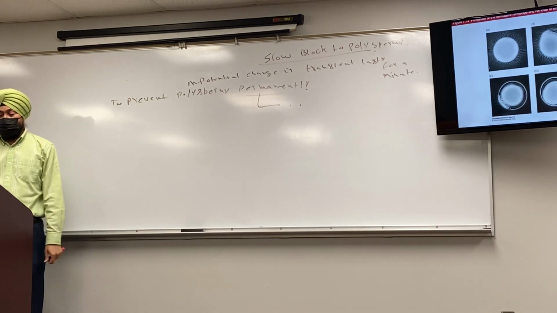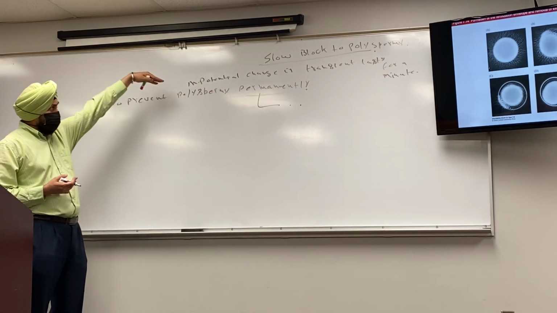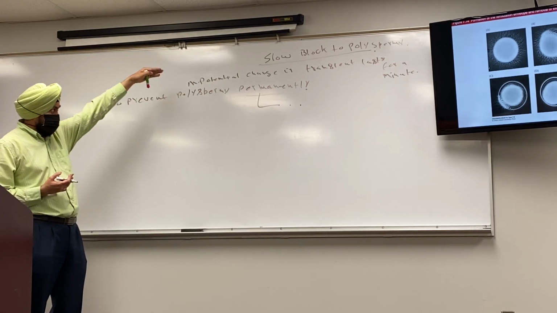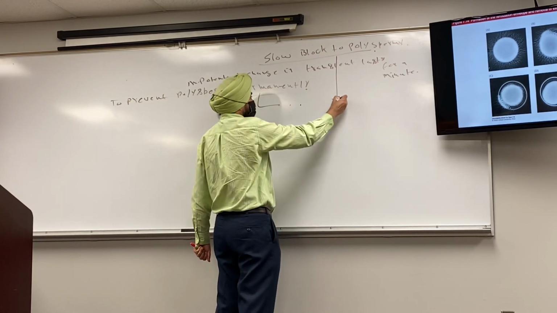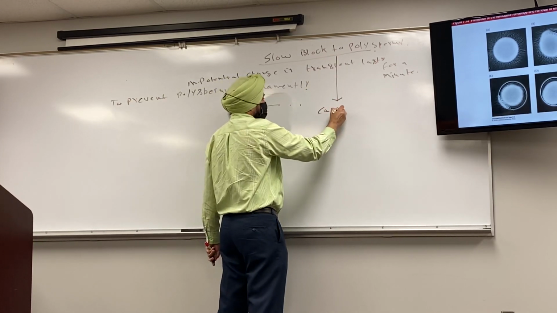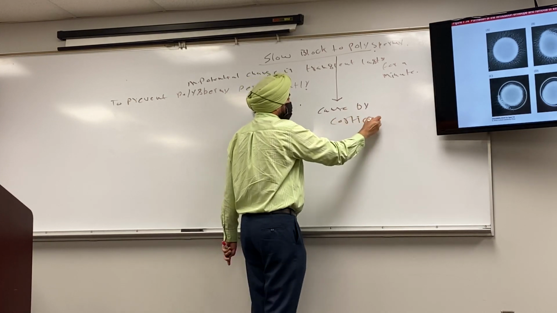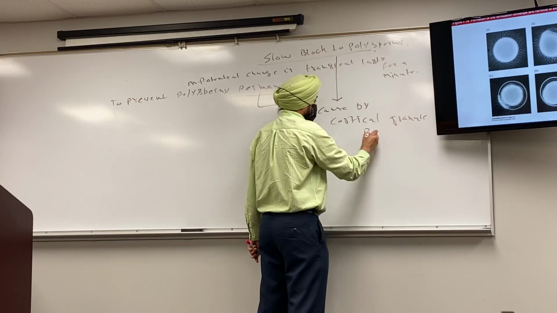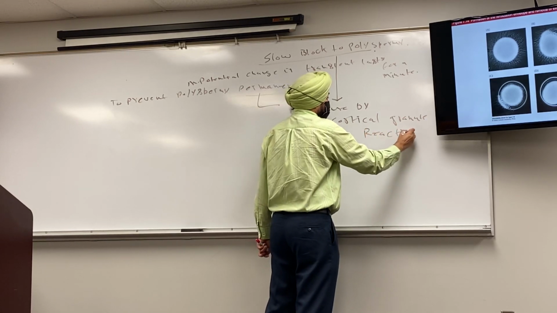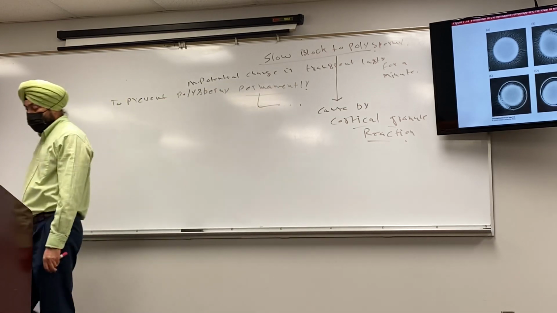For that, the slow block to polyspermy is initiated, and it is caused by the cortical granule reaction.